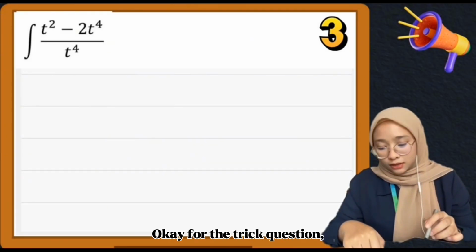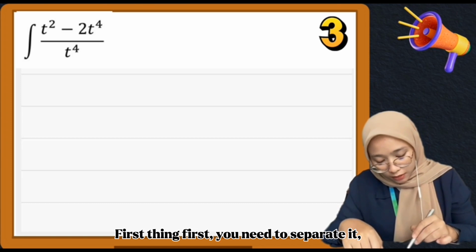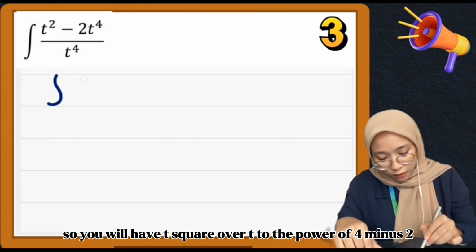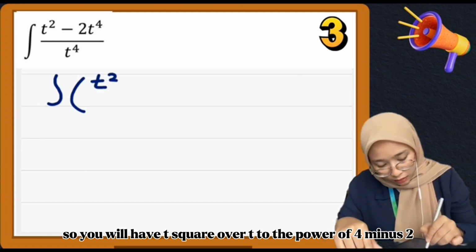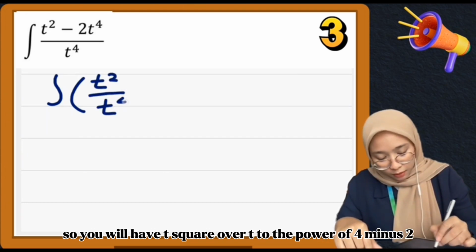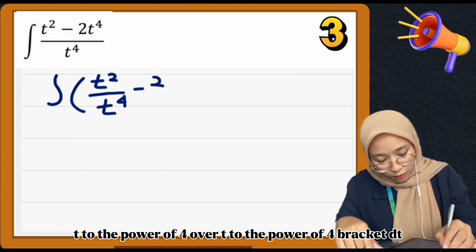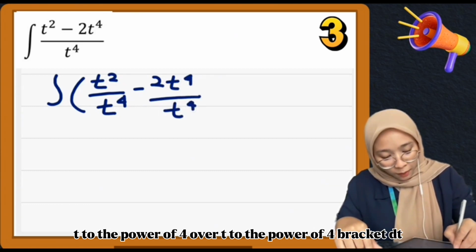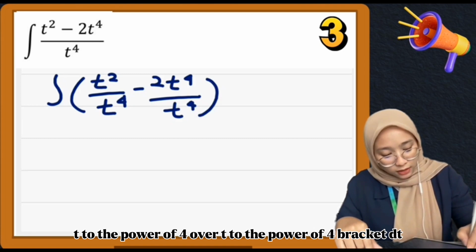Okay, for the third question, the first thing first, we need to separate it. So we will have, in bracket, t squared over t to the power of 4 minus 2t to the power of 4 over t to the power of 4, dt.